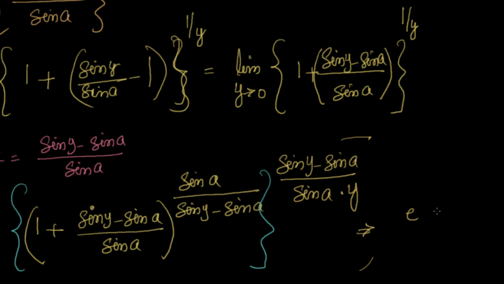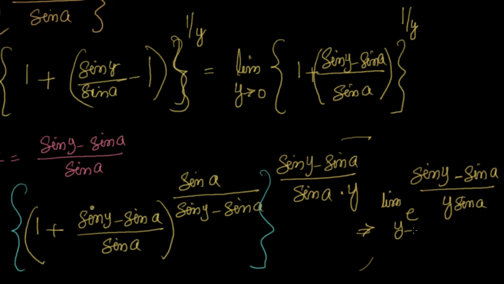So you are left with e power (sin y minus sin a) divided by (y sin a). Now this is what we have to find out, the limit of this as y tends to 0. Just remember that, we will continue from there.